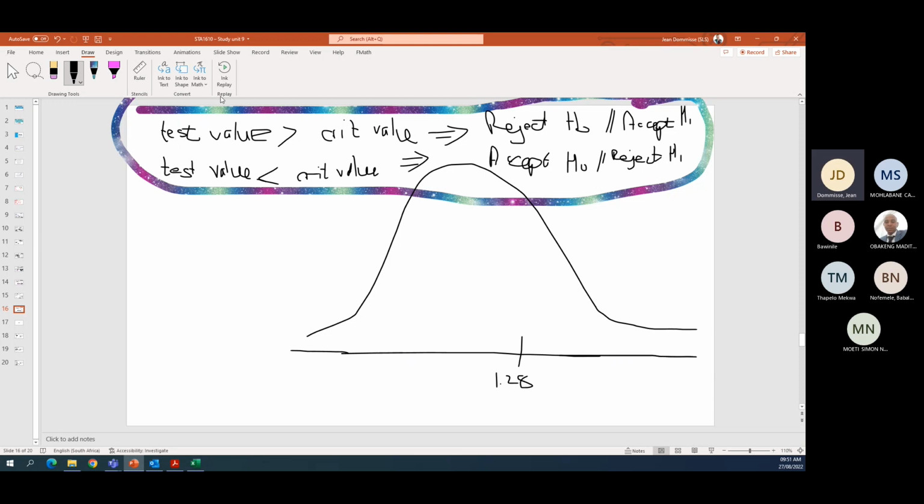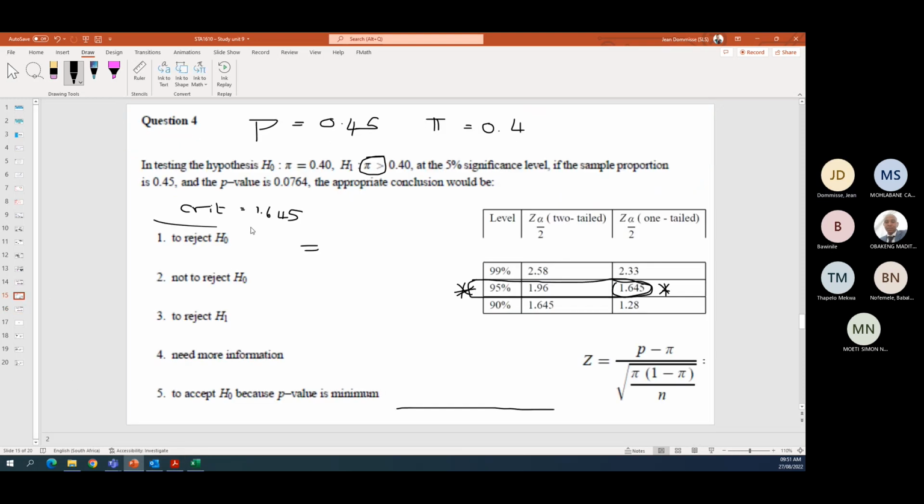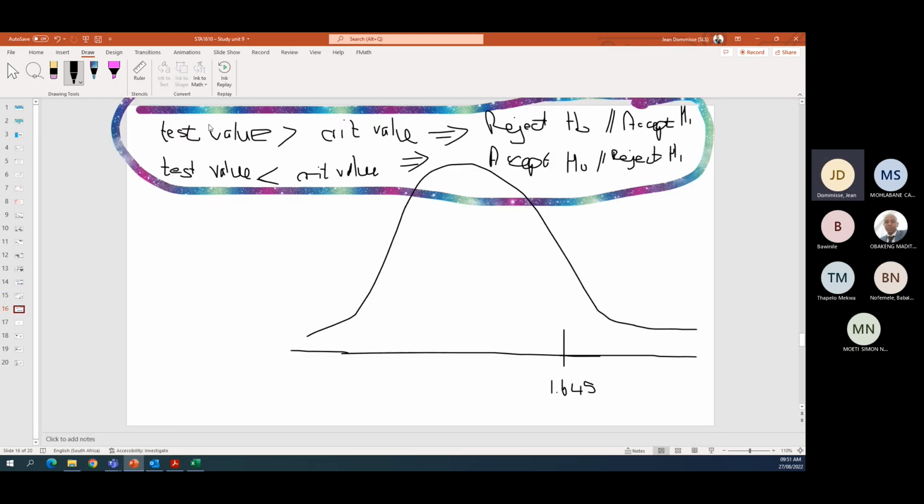So it's good that we do this one now. They told us we've got our critical value of 1.645. Okay, they've given us that. We need to find out what the t-stat is.